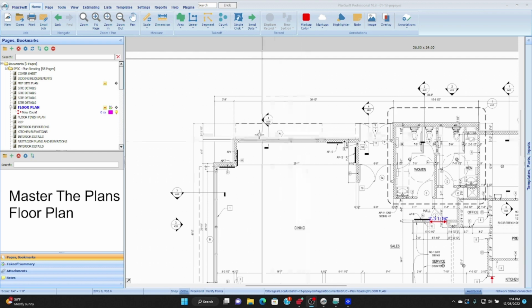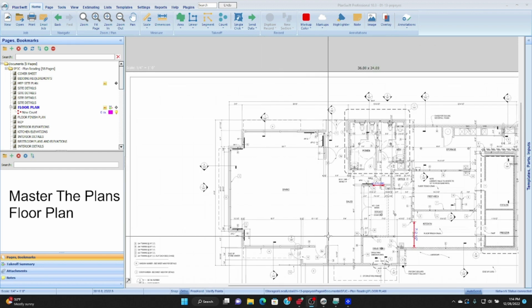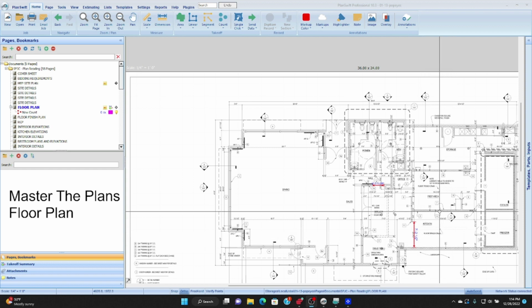A good floor plan, if it's going to be very helpful to the sub, is going to have a lot of section view markers, because the section views are going to assist us in determining the height of the wall.